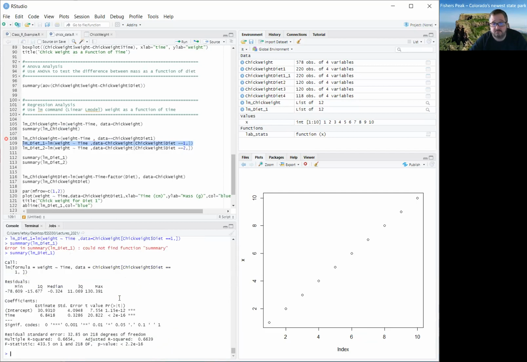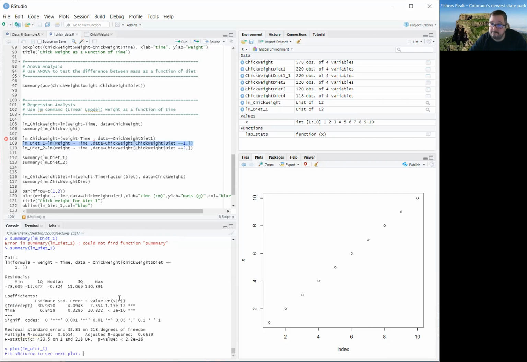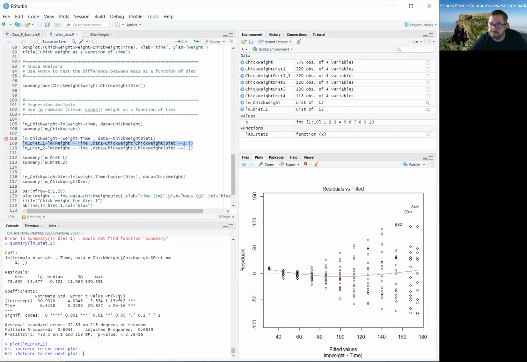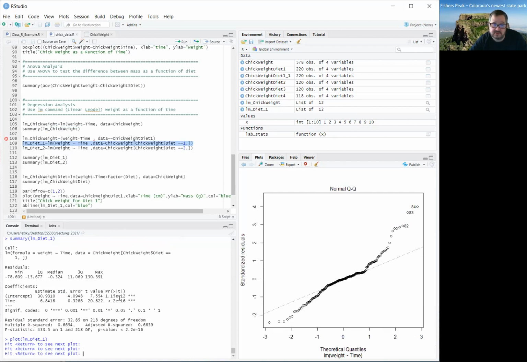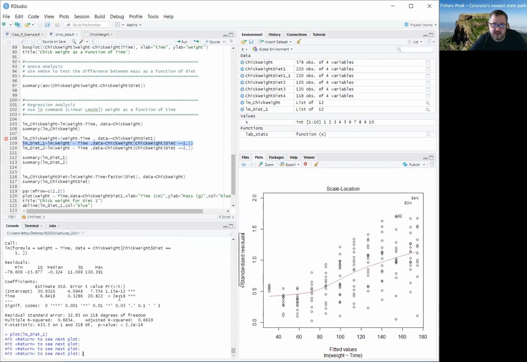There we go. And so now let's look at the plot of that. So that's showing residuals, the QQ plot, etc.